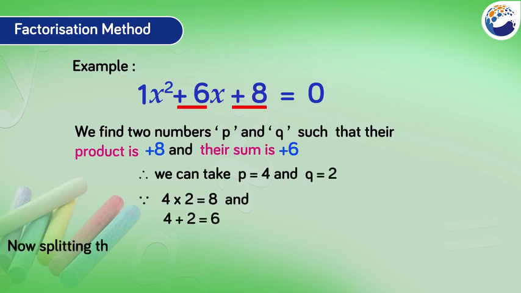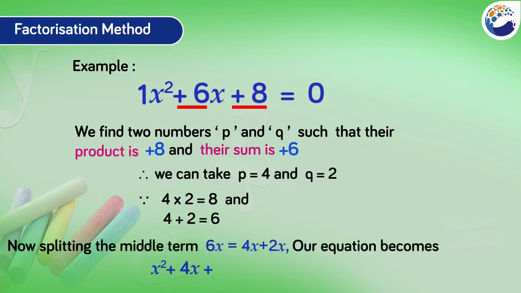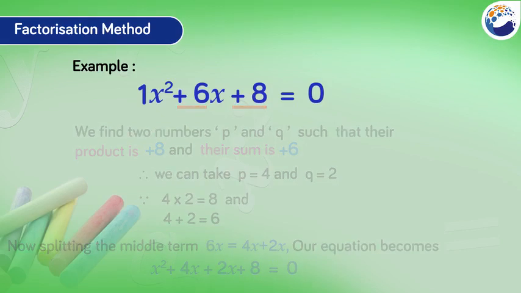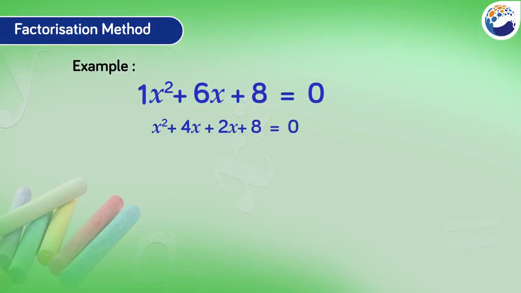Now, we split the middle term 6x as 4x plus 2x. Our equation becomes x square plus 4x plus 2x plus 8 is equal to 0. We can take x common from x square plus 4x and similarly 2 common from 2x plus 8.